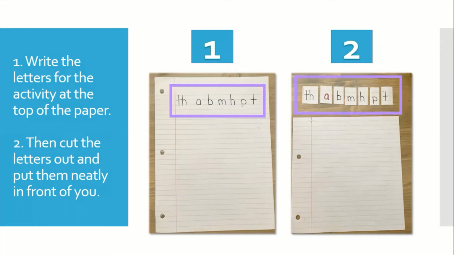So it's like picture number 2 here on the screen. Cut the letters out, put them in a nice, neat order, and you have extra paper at the bottom. So go ahead and pause the video while you do that, and we'll be ready to go whenever you come back.